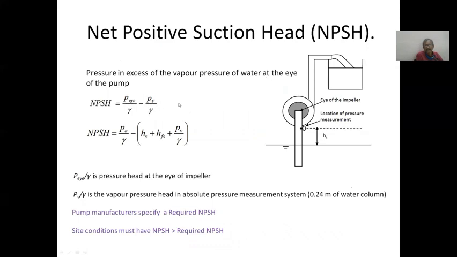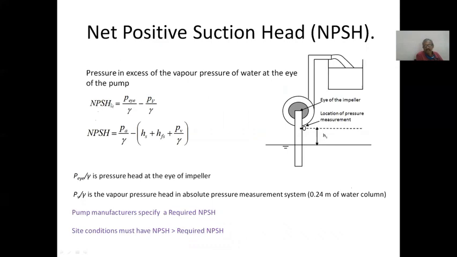It means that above vapor pressure, how much pressure of water exists at the eye. This is called net positive suction head. The higher the net positive suction head, the better. This is the basic concept of net positive suction head.